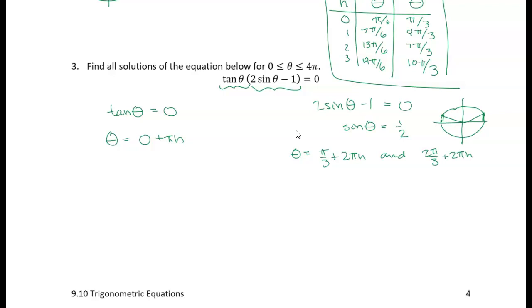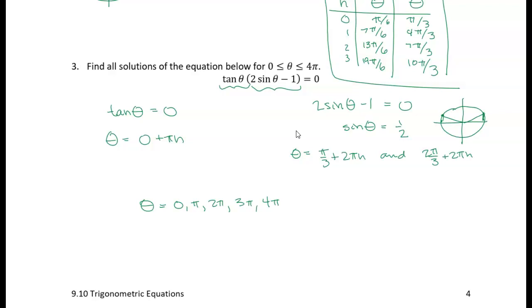All right, so now I can use n until I get to 4 pi. Instead of putting them in the table, I'm just going to list them out here. If I take the first equation where tangent theta equals 0, I get 0 and pi and 2 pi and 3 pi and 4 pi, right?